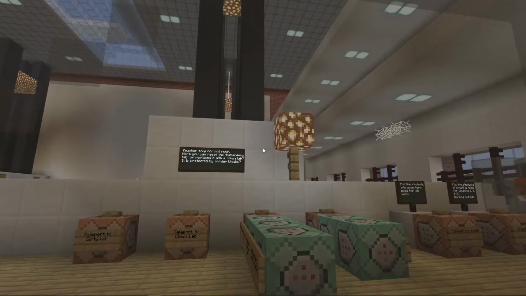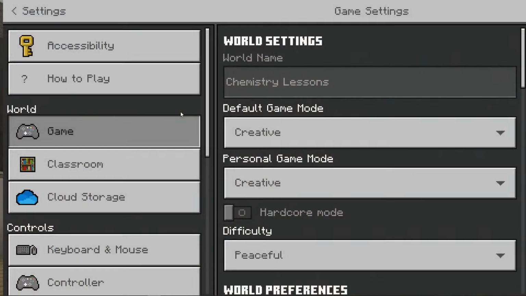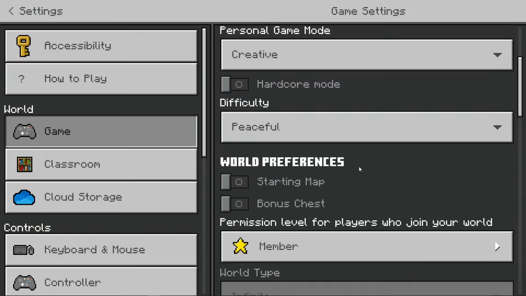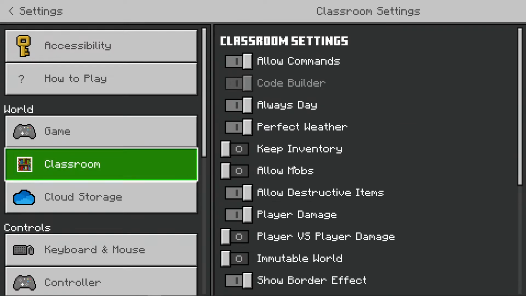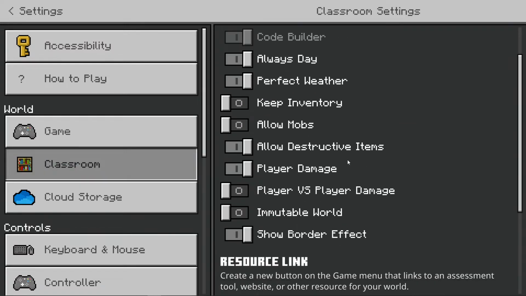Teacher only. I wonder if there's a mode. I don't know if they have roles set up in Minecraft Education. Maybe. Allow commands, code builder, keep inventory, allow mobs.